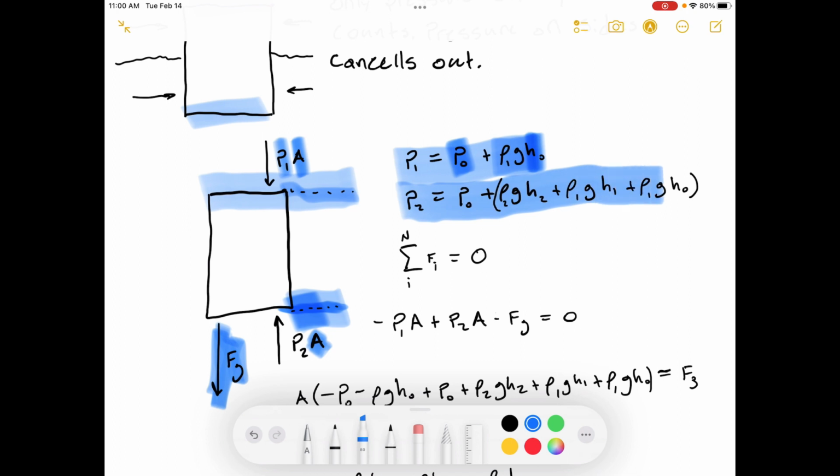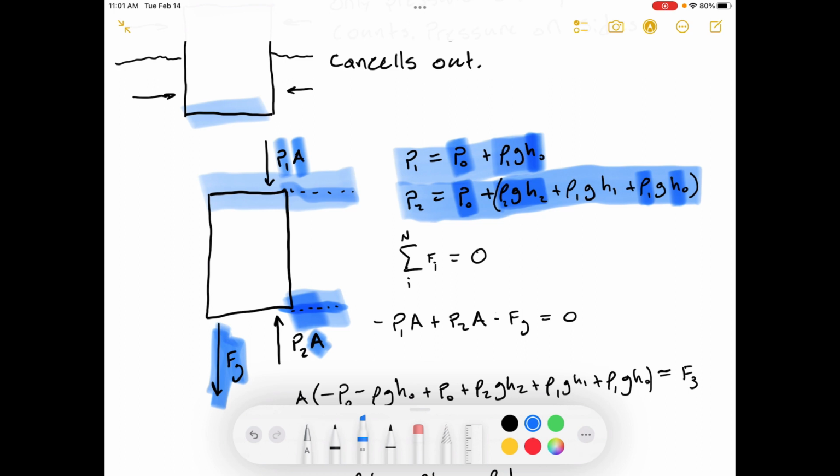Okay, pressure number 2. We're pushing up on the bottom of the block. The pressure pushing up at the bottom is the P naught pushing down plus the fluid H2 times the density 2 of fluid number 2, plus on top of that we have H1 times the density of fluid number 1, and then on top of that we have the same stuff we had before, which is H naught times the density of fluid number 1.